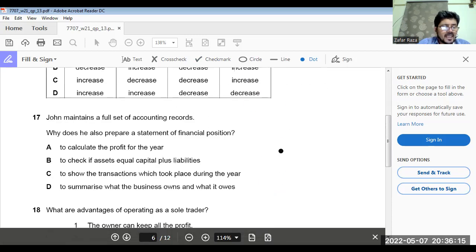Okay. Now, John maintains a full set of accounting records. Why does he also prepare a statement of financial position? This is the reason. To summarize its financial position, which means they are asking about the balance sheet. So this could not be the answer.